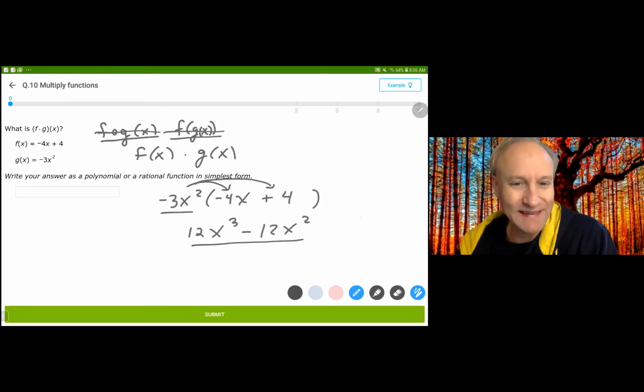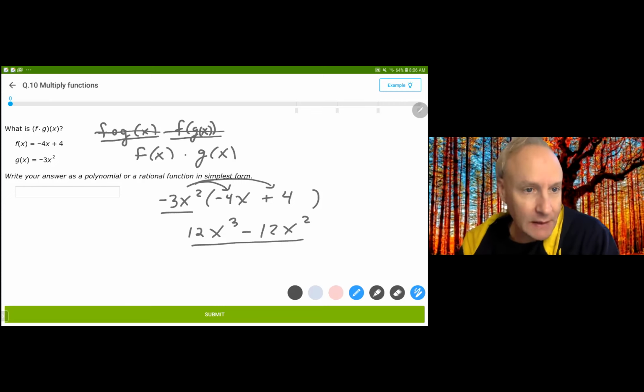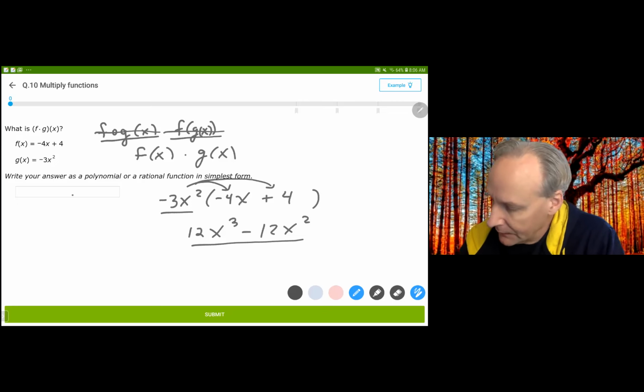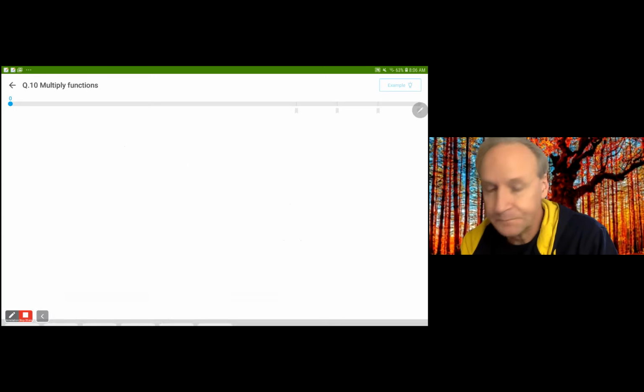A lot of people are going to think they're going to get an x out of that. You cannot subtract polynomials or expressions that have different exponents. Anyway, let's see if it gives us all the possibilities. So we've got 12x cubed minus 12x squared, and that's it.